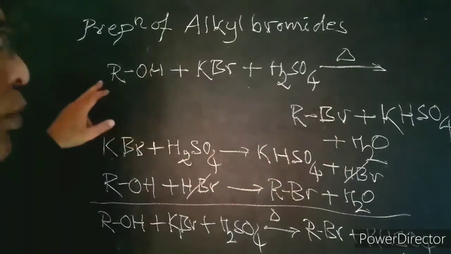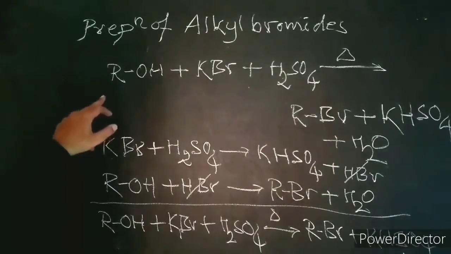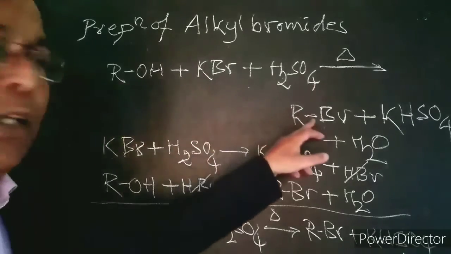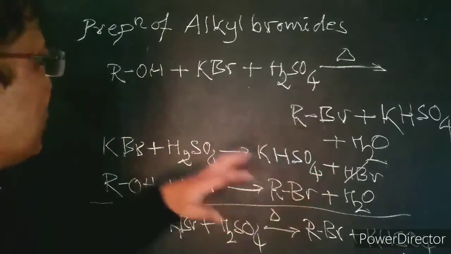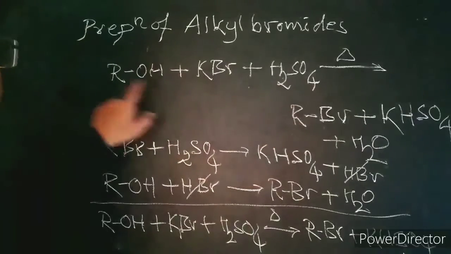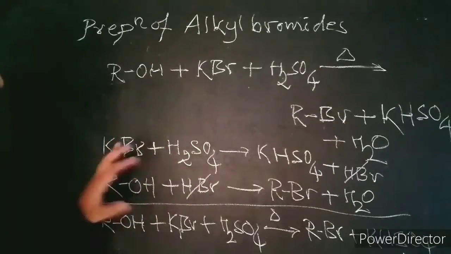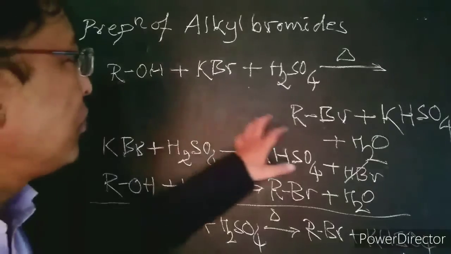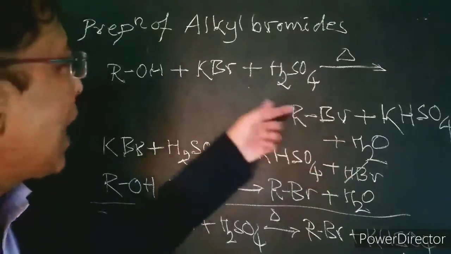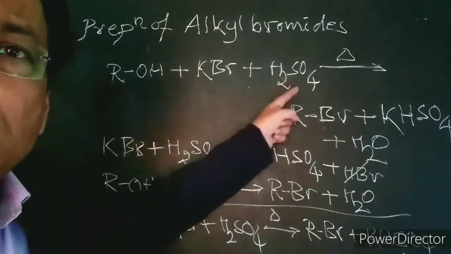Or how do you convert isopropyl alcohol into isopropyl bromide? So according to the question, we have to take the respective alkyl group in the alcohol. See here, in the preparation of alkyl bromides, we have made use of sulfuric acid.